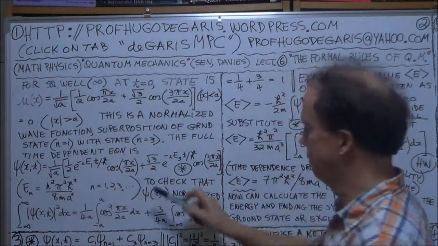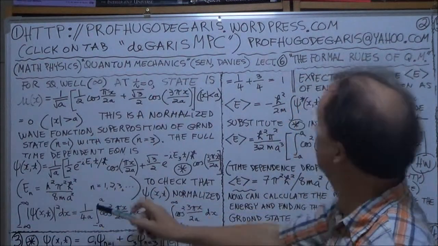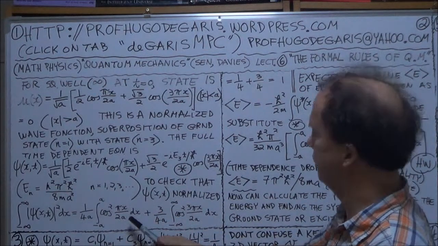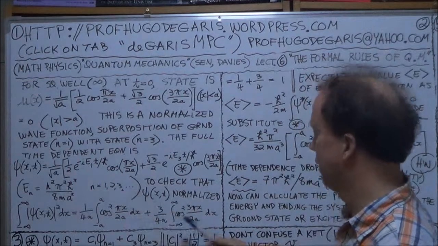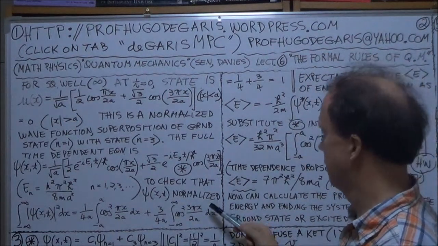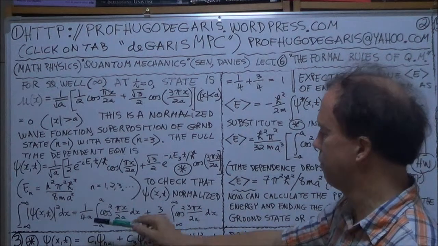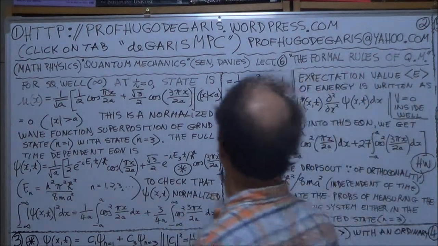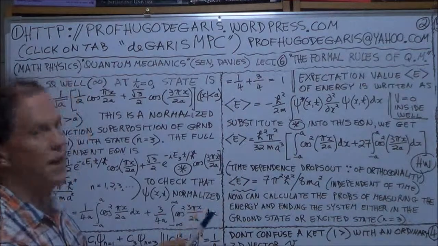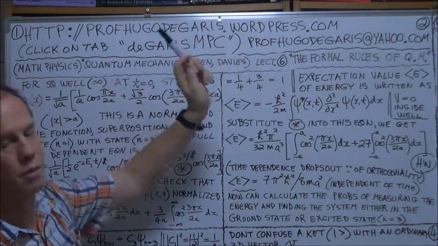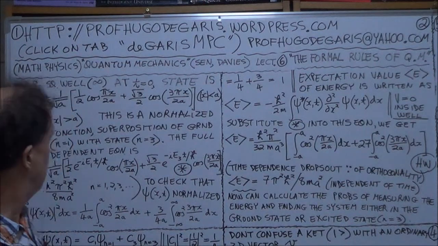Now, if you then calculate this integral, I think it's just a. So this is just a, and this also is just a. Right? So this integral plus this integral gives you, the a's cancel. You just get 1/4 plus 3/4, which is 1, which is what you're trying to show. Right? So therefore.